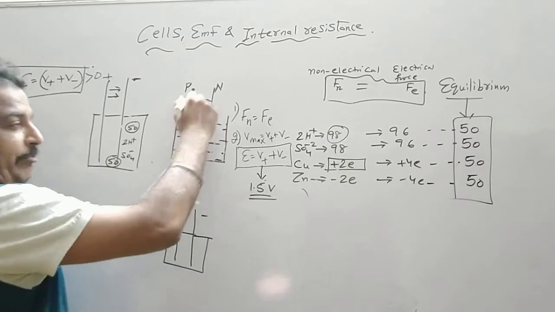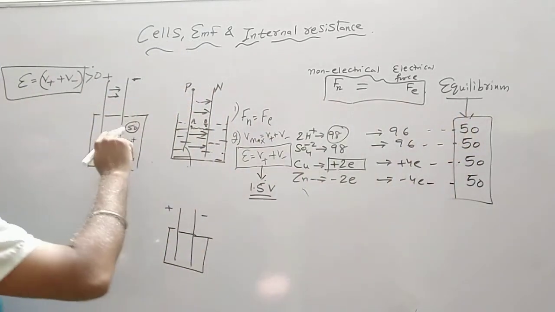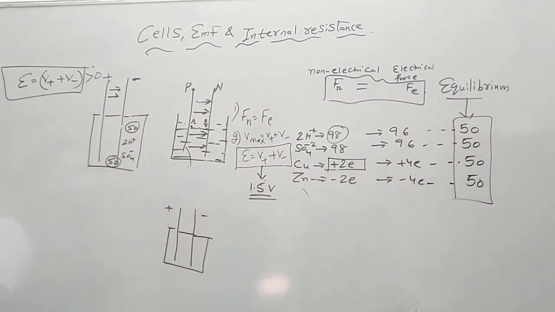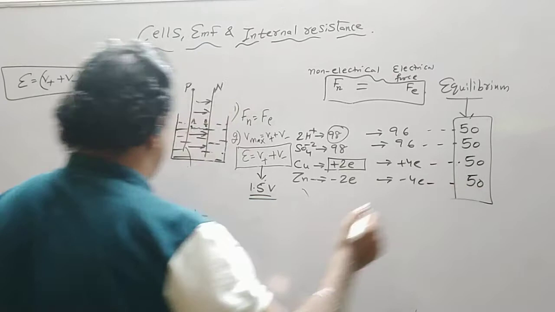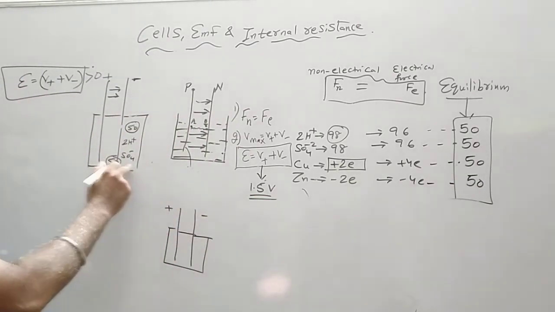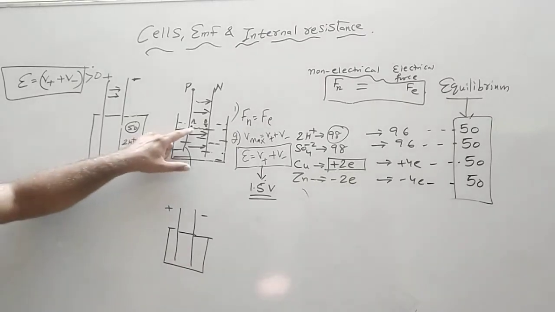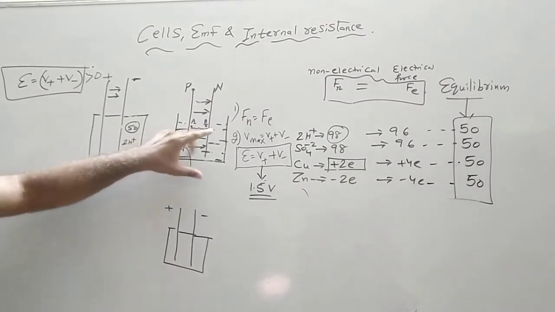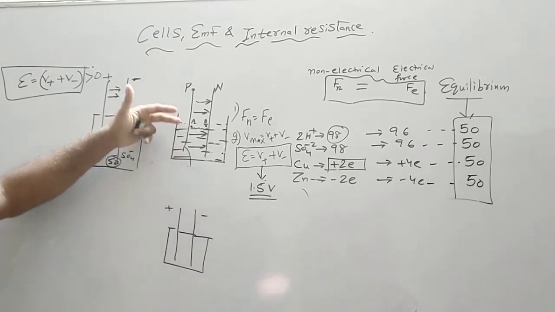Now this electric field, 50 positive of copper have opposed the 50 positive ions, and 50 of this zinc negative charge has opposed SO4 minus. Because there was no motion, the potential difference of the electrolyte inside it is 0.